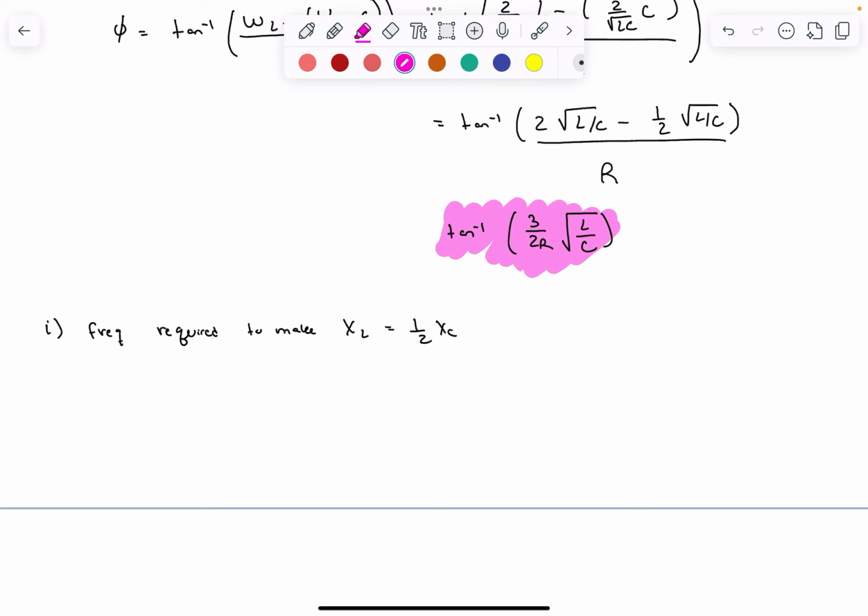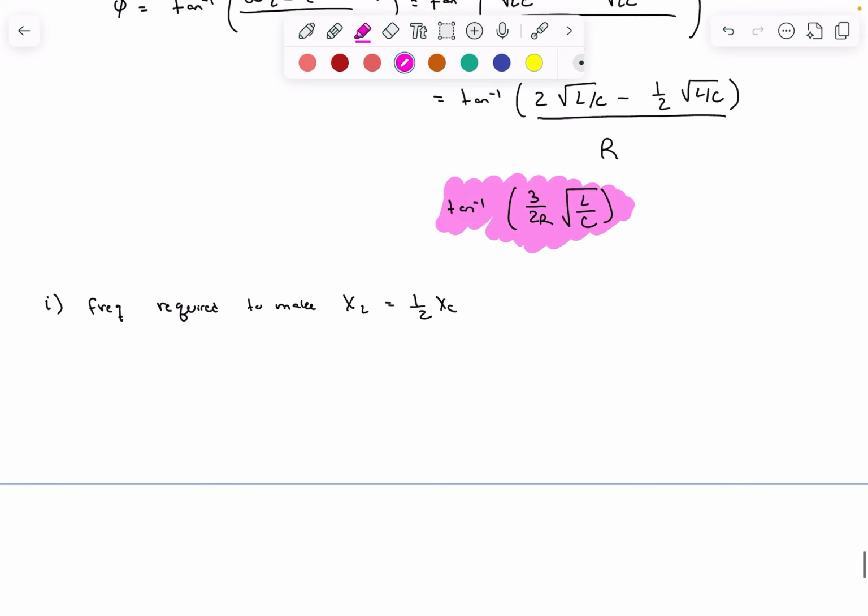Now, I'll read that out. It says, find the frequency that makes the inductive reactance 1/2 the capacitive reactance. So that's what it says right here. We want XL to be equal to 1/2 of XC.